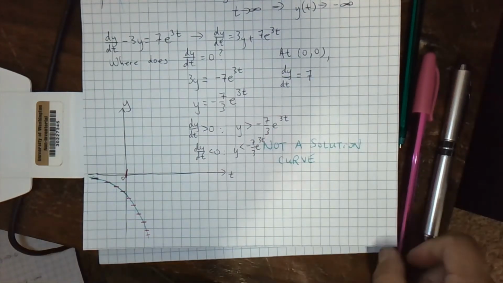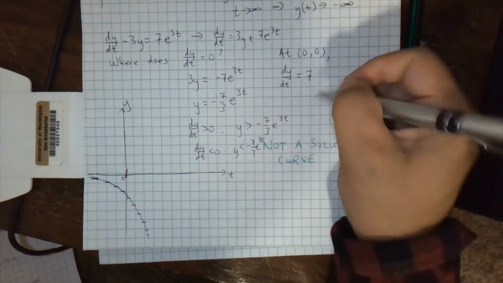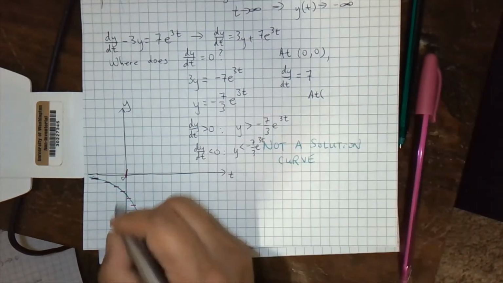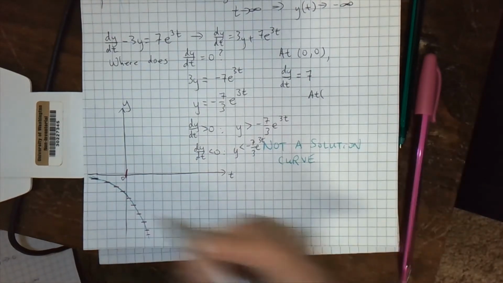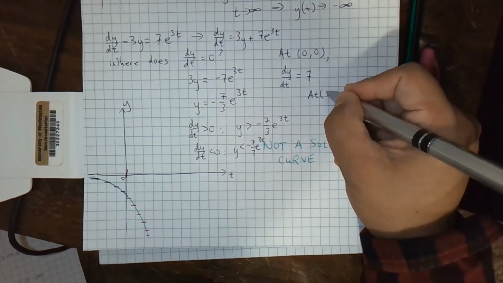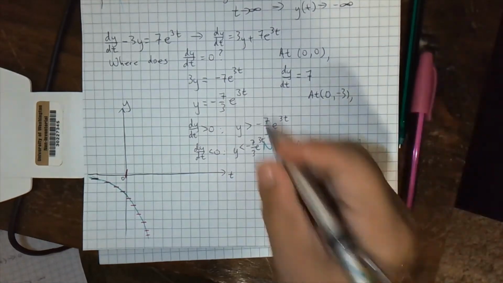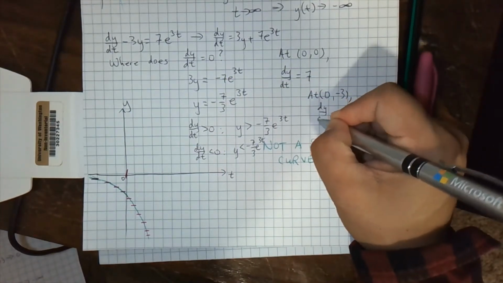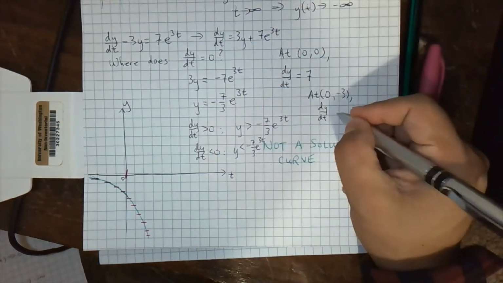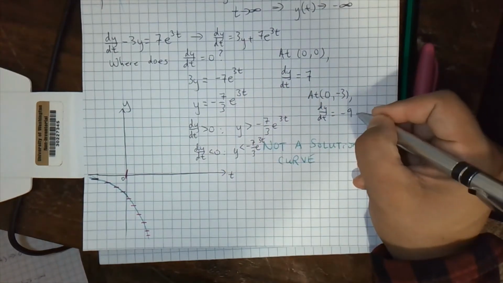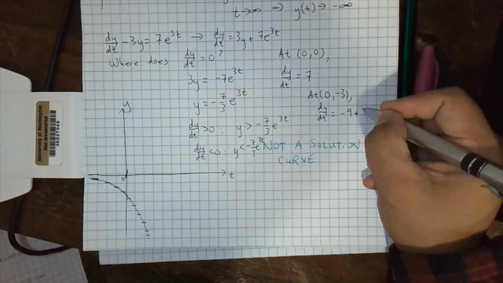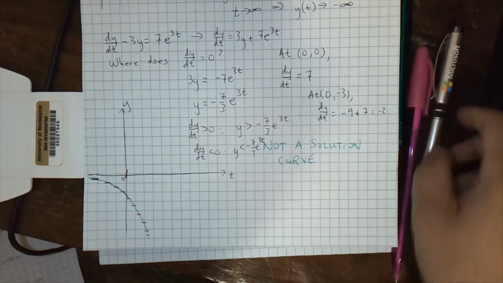And I could check a point. Let's say I check at, let's see, this is going to be negative 7/3. So I could go down more at negative 3, or at 0, negative 3. Then dy by dt, I'm just going to plug into here now, equals 3 times negative 3 is negative 9, plus 7 times e to the 0 is 7, so negative 2.